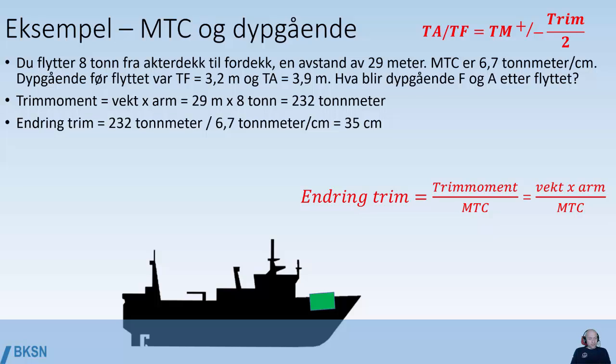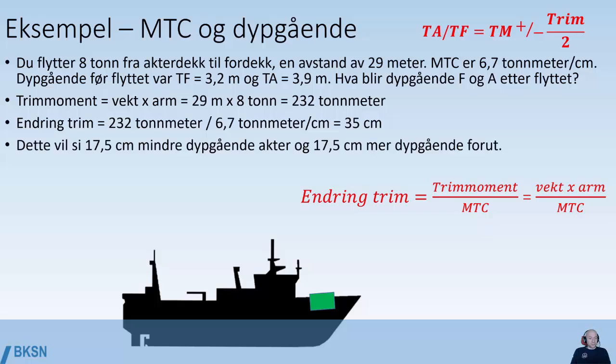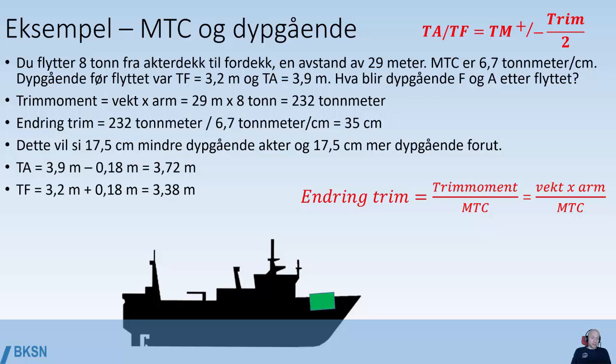And the change in trim, 232 ton meters divided by 6.7 ton meters per centimeter equals 35 centimeters. Which means when you divide that by 2 that you have 17.5 centimeters less draft aft and 17.5 centimeters more draft forward. So you end up with a draft aft of 3.72 meters and a draft forward of 3.38 in this case.